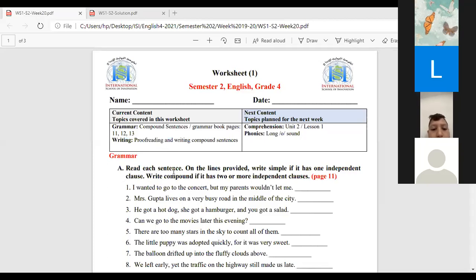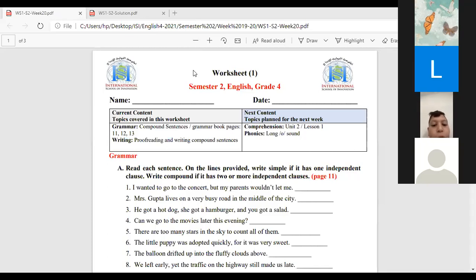Read each sentence on the lines provided. Okay. Write simple if it has one independent clause. Write compound if it has two or more independent clauses. So I just have to read each sentence. If it has one independent clause, then it is simple. But if it has two or more independent clauses, then it is compound. Okay, guys, start. Ali, now.